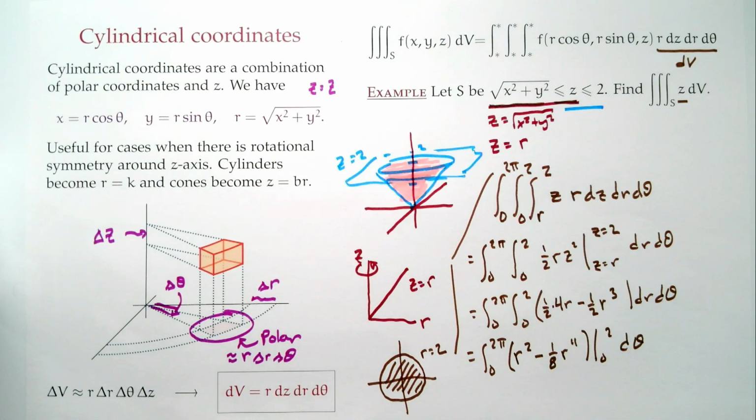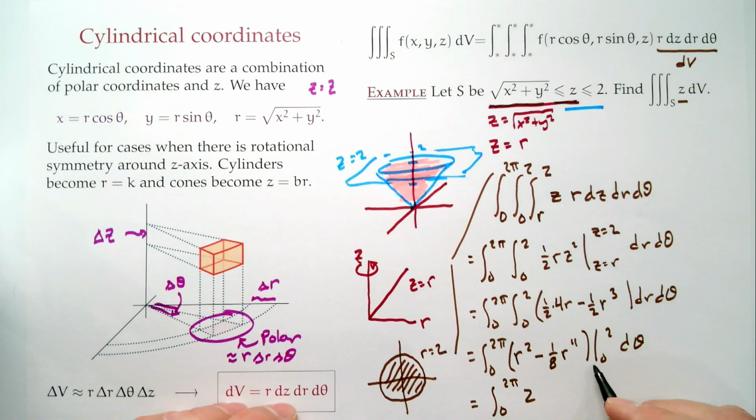Well, okay, so let's see, what is that going to be? Well, 2 squared is 4. 2 to the 4th is 16, so it's 4 minus 1/8 times 16, also known as 4 minus 2, which is 2. And on the other hand, if I plugged in r equals 0, I get 0.